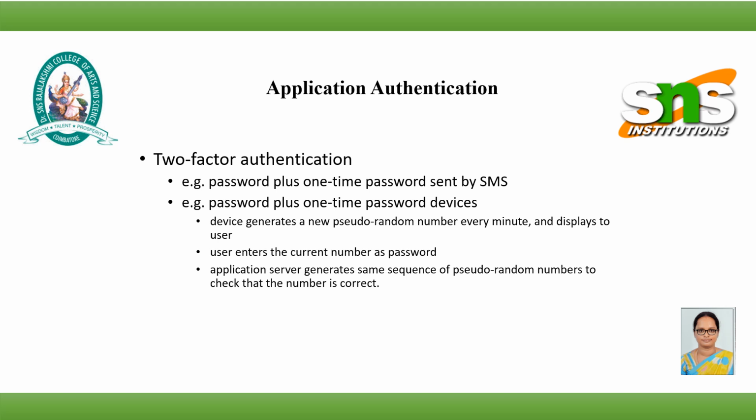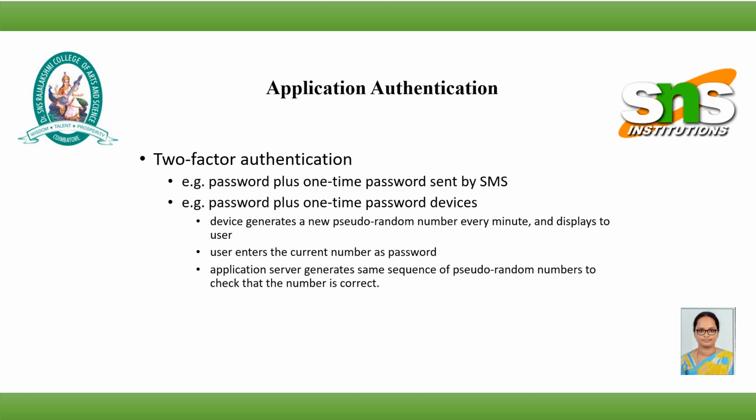These are the second way of authentication for a Gmail account. Like that, for every application, we can set two-step verification. WhatsApp also has a two-step verification option that we can use to open the WhatsApp account.